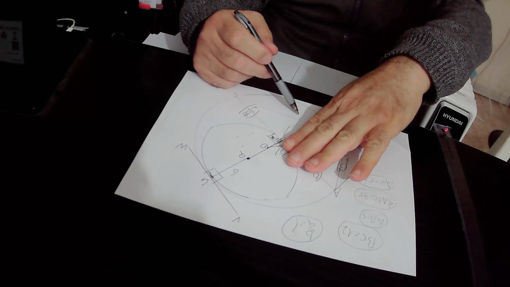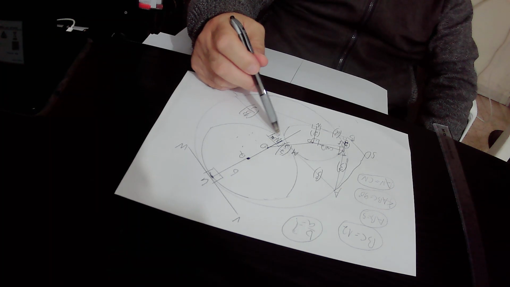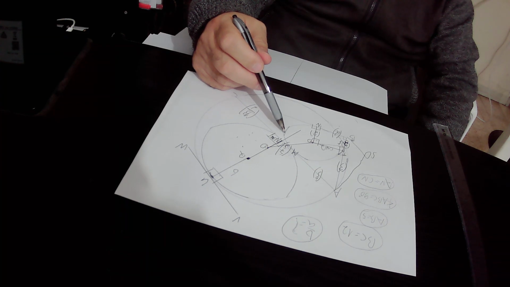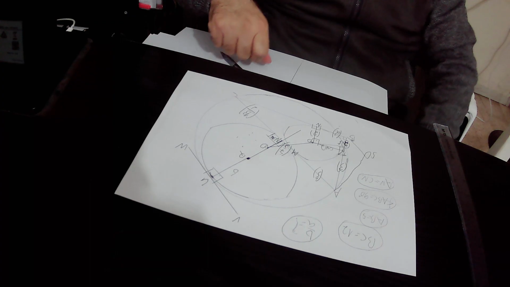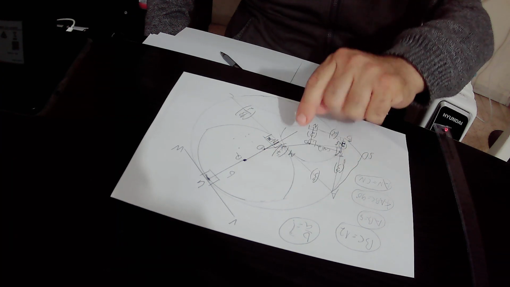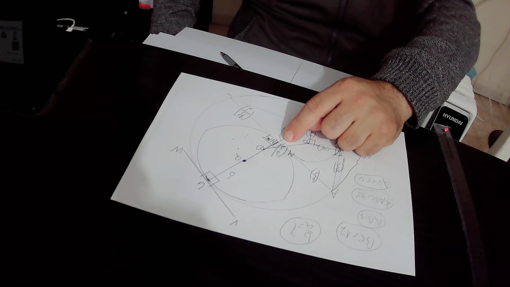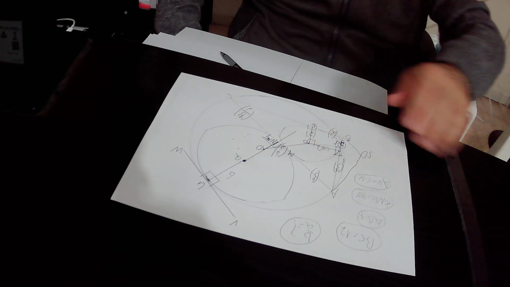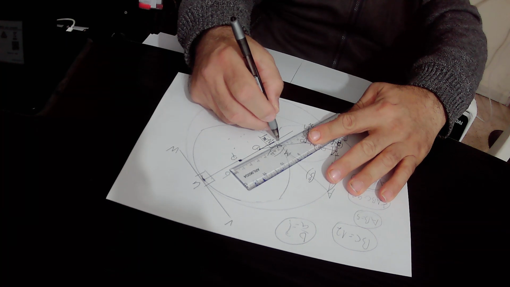If we focus on this side of the straight line, extended ON, at point N, the sum of the angles must be equal to 180 degrees according to the rule that the sum of the angles on one side of a straight line is equal to 180 degrees. So which angles do we have on this side of ON at point N? We have this angle that is equal to 90 degrees plus the missing angle. In total, they must be equal to 180 degrees according to the rule that I mentioned. Therefore, the missing angle here must be equal to 90 degrees.